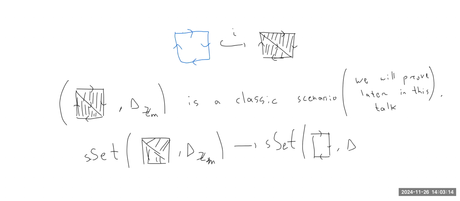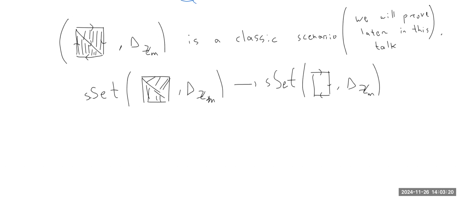We want to show that this is surjective. In fact, this is even an isomorphism. It's more than surjective, it's also injective. But why is this true?